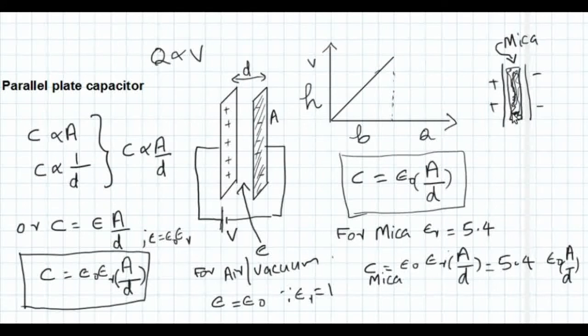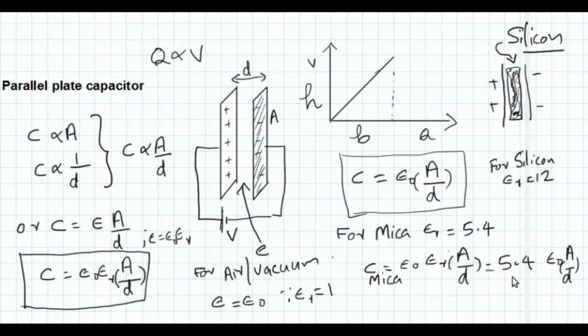Now in place of mica, we may use some other material also. Say take silicon. If the space between the two plates is filled with silicon, we can see the value of epsilon r is 12 for silicon, and for silicon the value of capacitance will be even more, right?